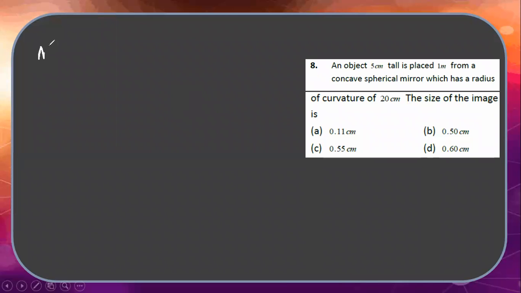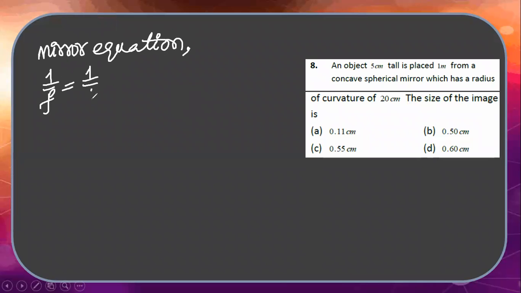So, the mirror equation: 1 by f is equal to 1 by v plus 1 by u. This is the mirror equation.